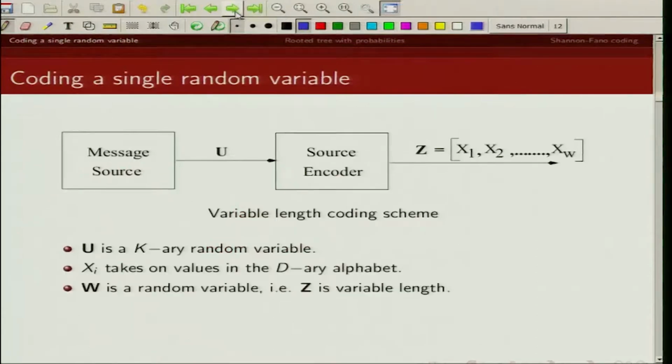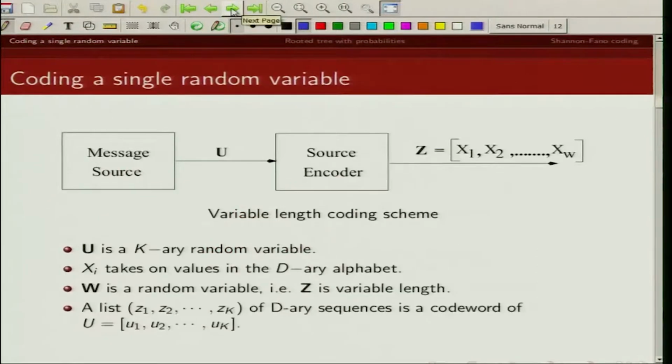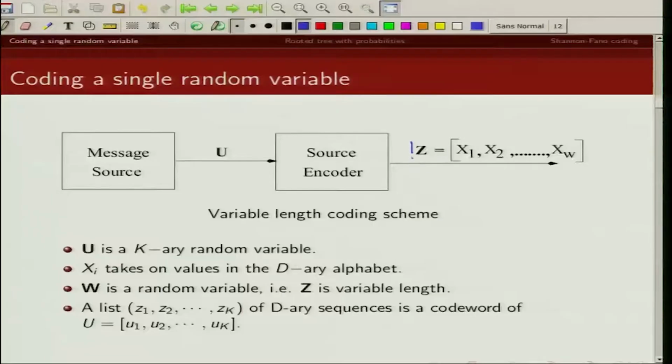Just to refresh your memory, we were considering this problem. We had a message source denoted by u, which is a k-ary random variable, so it takes k different possible values, and we want to encode this source into code words z, which are of variable length, and w denotes the length of the code word z.